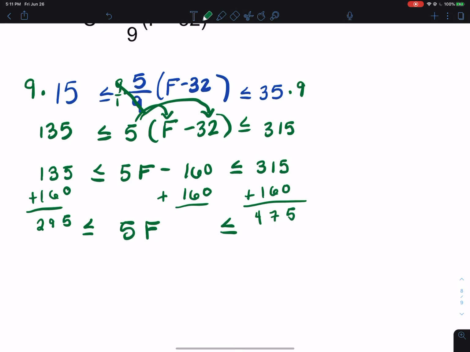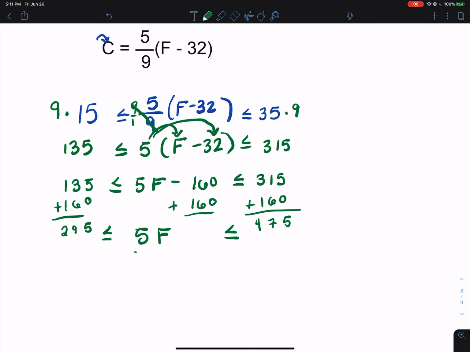Then I need to undo multiplication. I do that by dividing everything by 5. When I do 295 divided by 5, I end up with 59 is less than or equal to F, which is less than or equal to 475 divided by 5, which gives me 95.